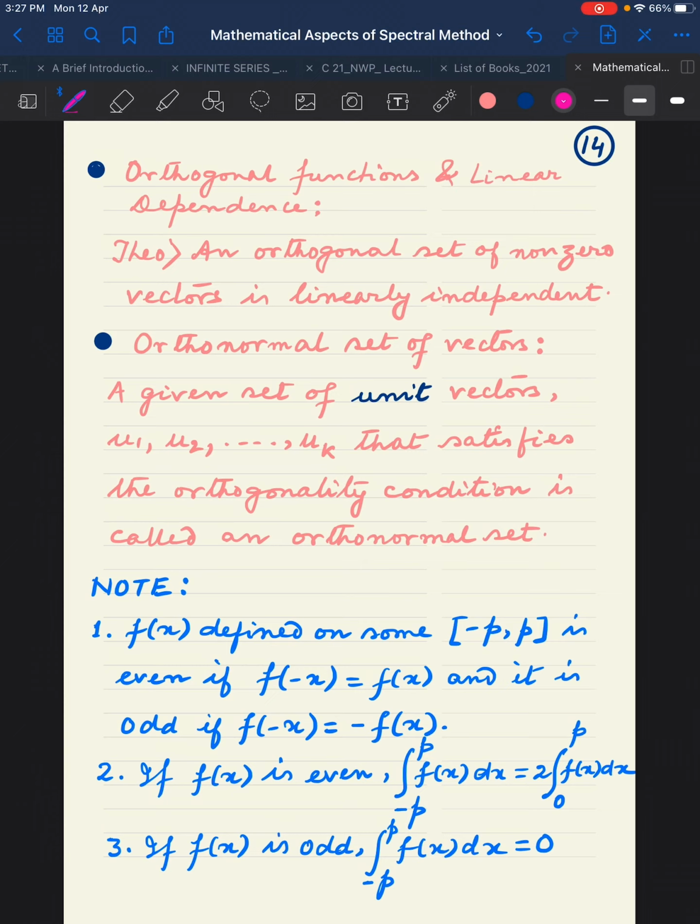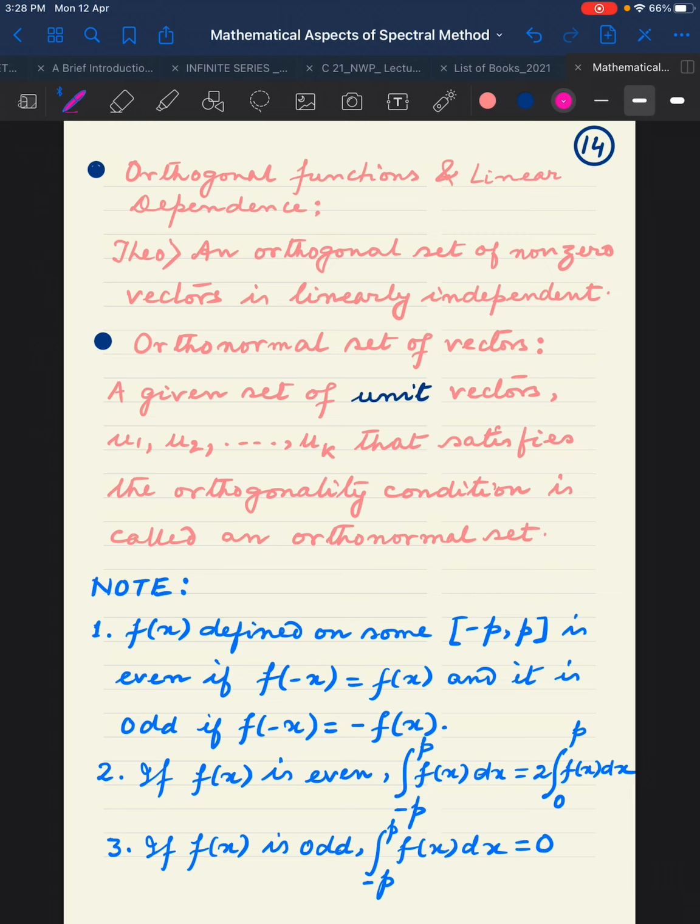Number 2, orthogonal functions and linear dependence. An orthogonal set of non-zero vectors is always linearly independent. I told you in my last lecture, so far as I remember, that there is one theorem in linear algebra called the extension theorem, which states that a set of linearly independent vectors can be extended to a basis.